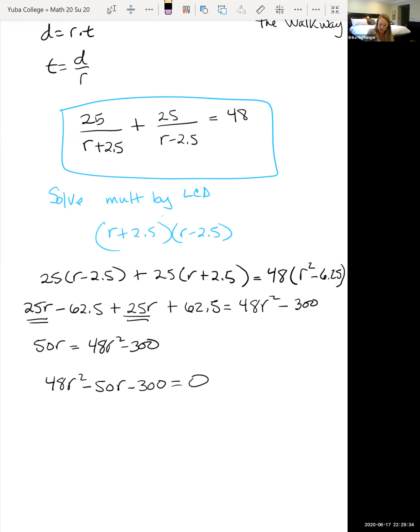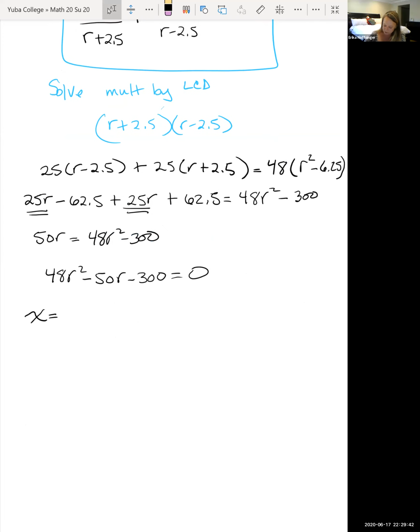I hate that those are huge numbers, but a lot of times math is not always pretty with numbers. So we have x is equal to negative b, 50, plus or minus the square root of negative 50 squared, that's 2,500, minus 4 times 48 times 300.